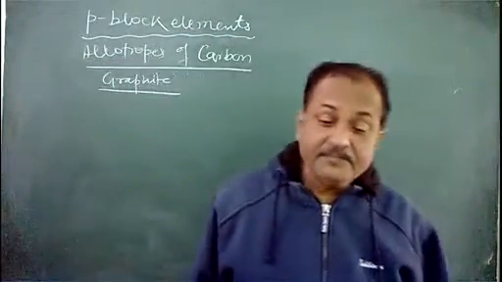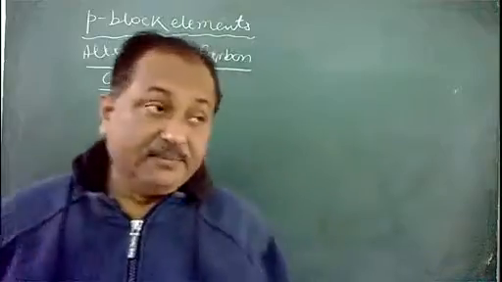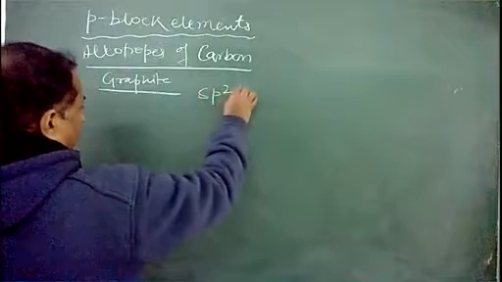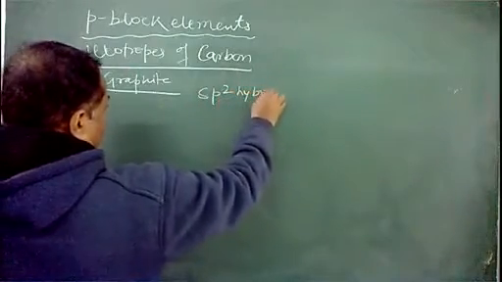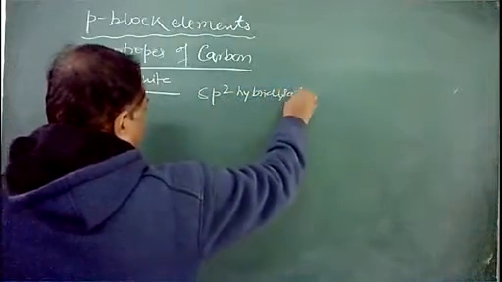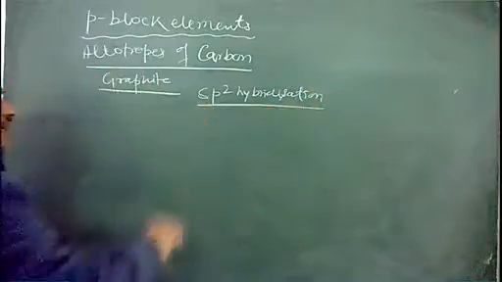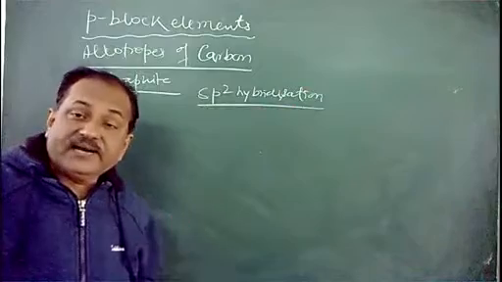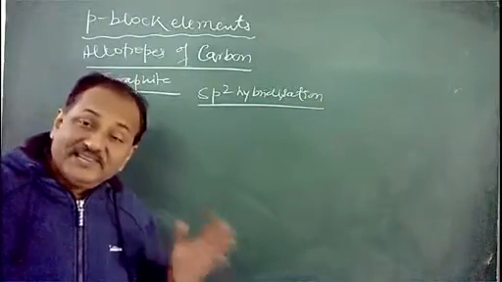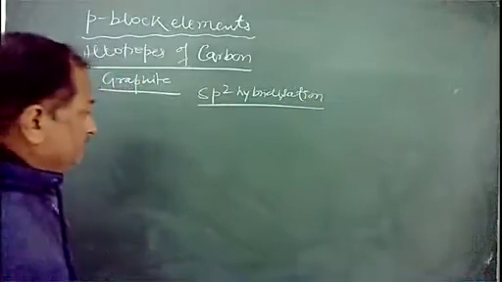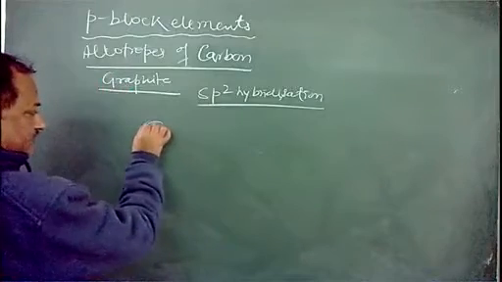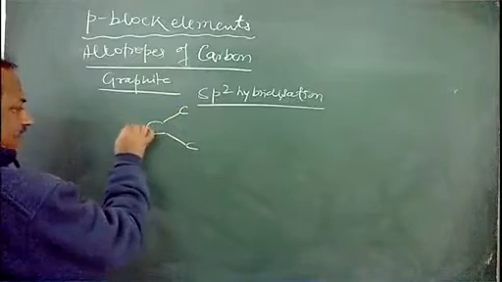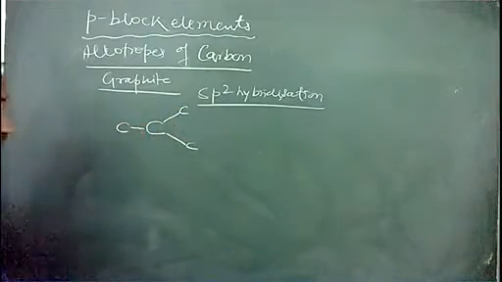So graphite is the second allotrope of carbon, and in graphite there is sp2 hybridization. Every carbon is bonded by sp2 hybridization. It means one carbon is bonded to 3 nearby atoms. Like this one carbon, and like this.